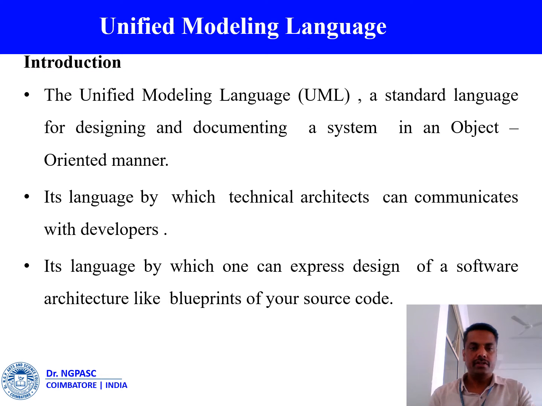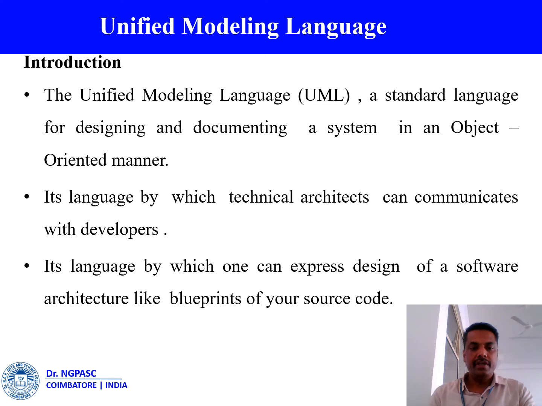So, introduction. The Unified Modeling Language is a standard language for designing and documenting a system in an object-oriented manner. It is a language by which a technical architect can communicate with developers.